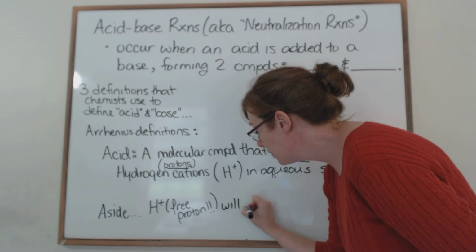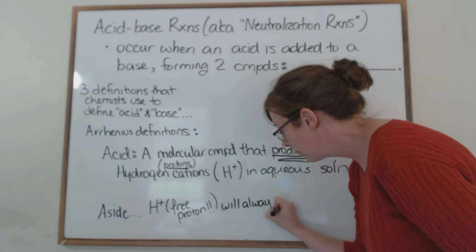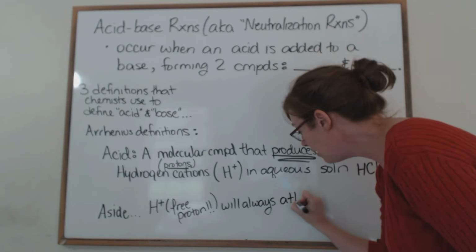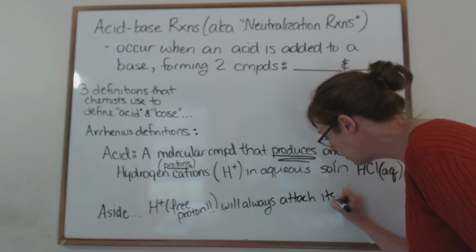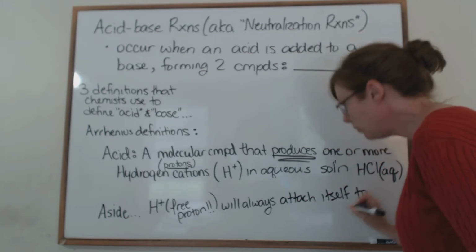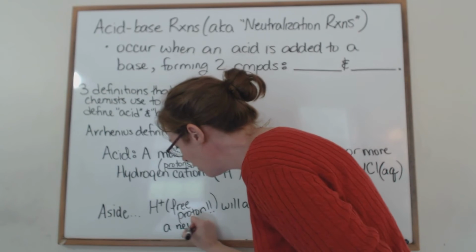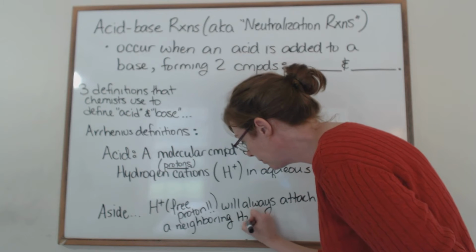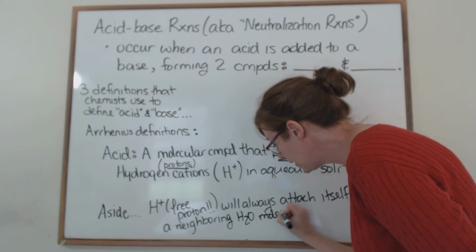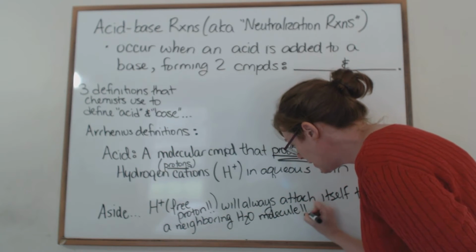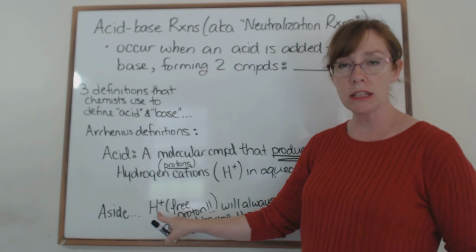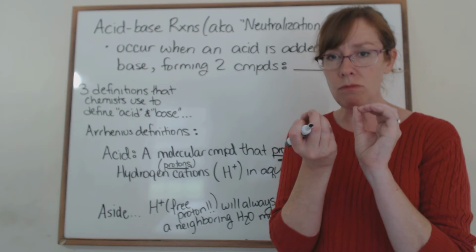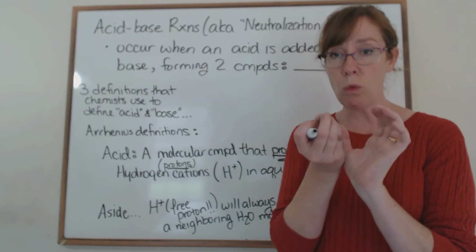It will always attach itself to a neighboring water molecule. Because it is floating around in the water and it's so small and so unstable, it's going to want to be conjoined to a water molecule.